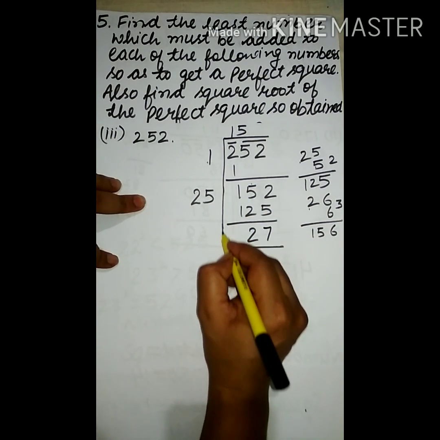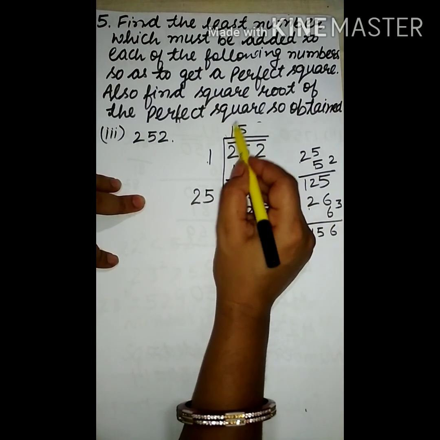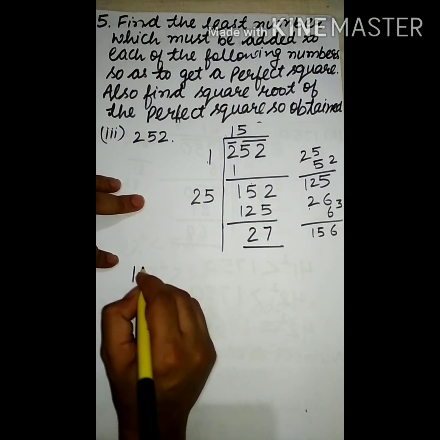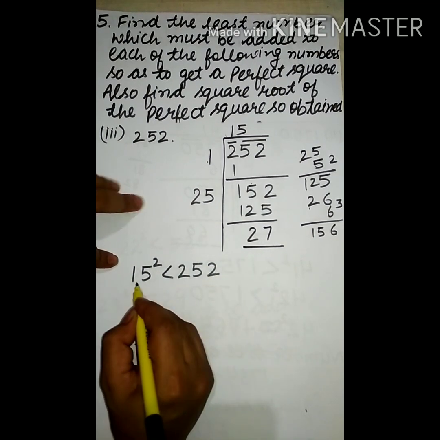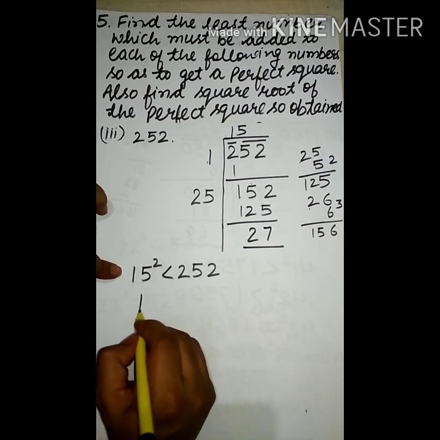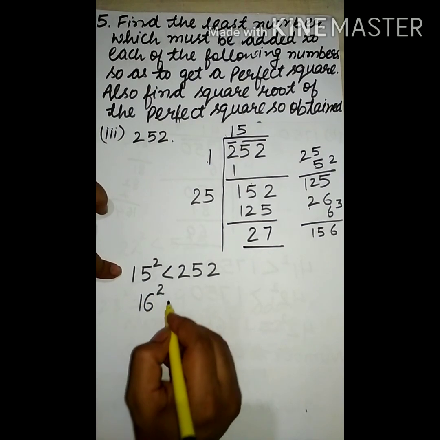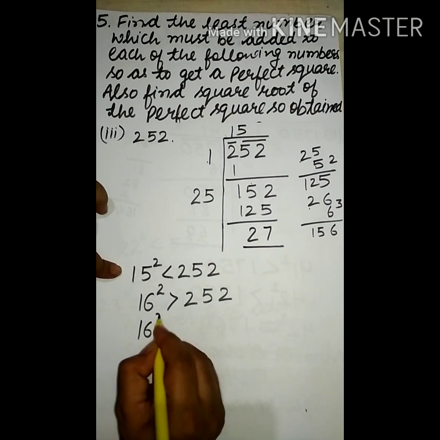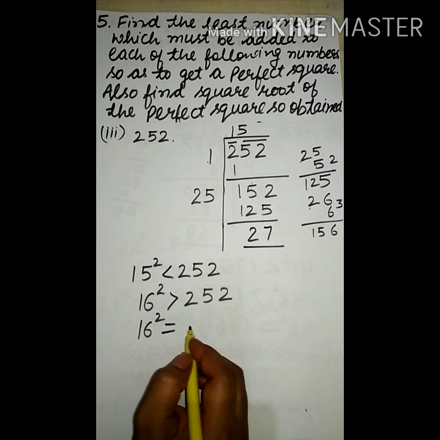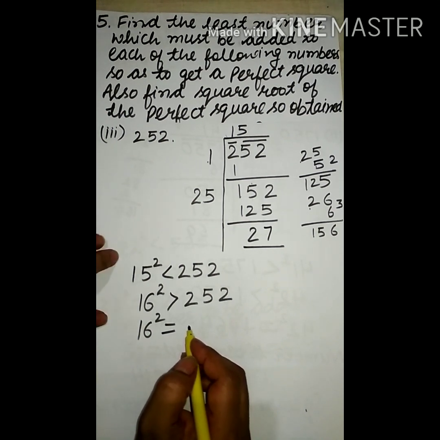It is 27. So students, the square of 15 will be ultimately less than 252. And the next number to 15 is 16. So the square of 16 will be greater than 252. And the square of 16 is equal to 256.